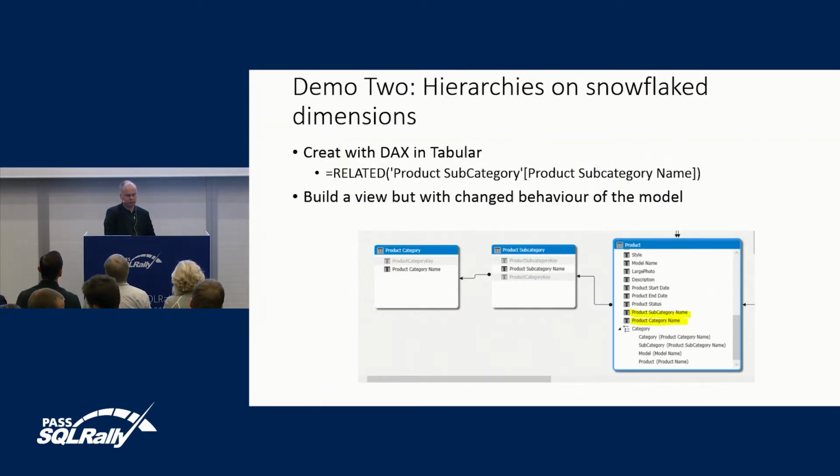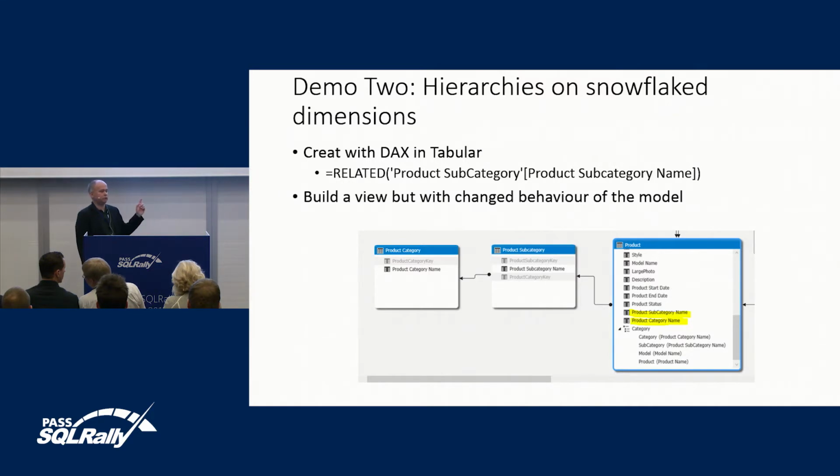Okay. Demo number 2, hierarchies on Snowflake dimensions. I will show this slide first. This is actually from the Adventure Works Tabular Cube project that you can download from Codeplex as well, if you would like. So here we have a Snowflake product dimension.